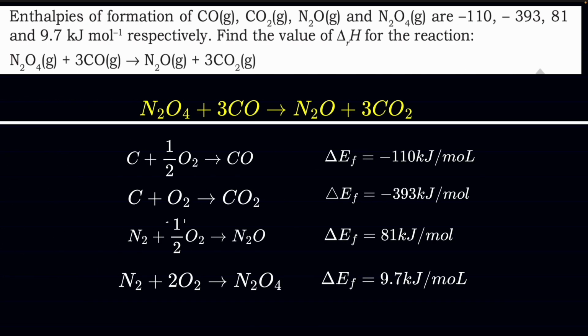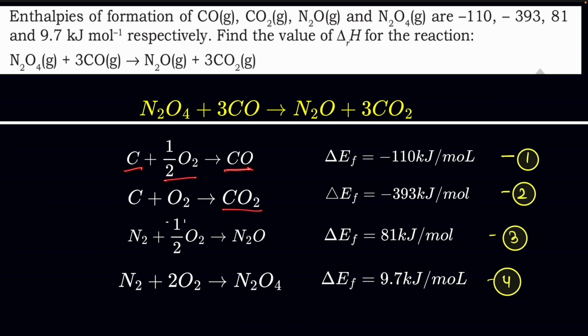Some of the enthalpies of formation are given in the question. So let's take this as reaction 1, this is reaction 2, this is reaction 3, and here is reaction 4. The first reaction is the formation of carbon monoxide. When 1 mole of carbon reacts with half mole of oxygen, it forms 1 mole of carbon monoxide.